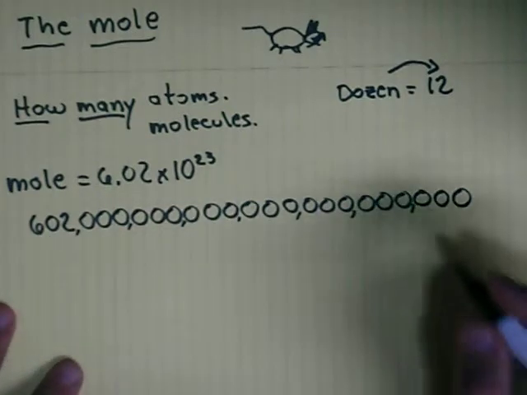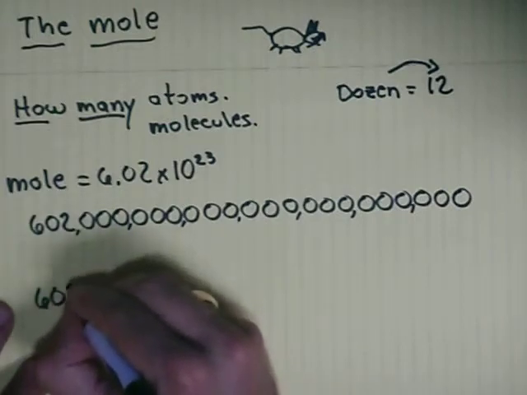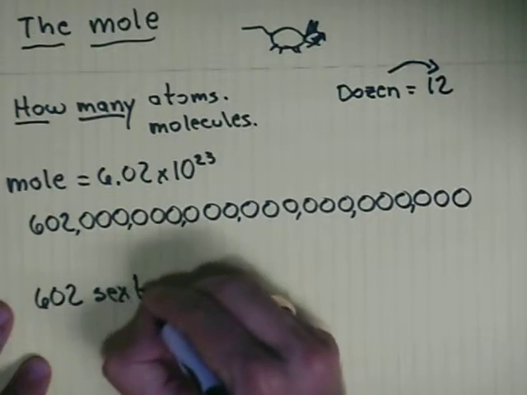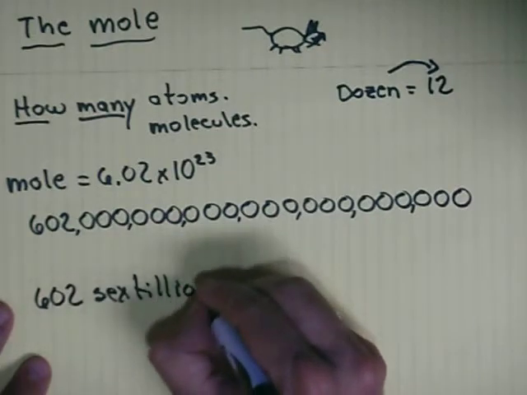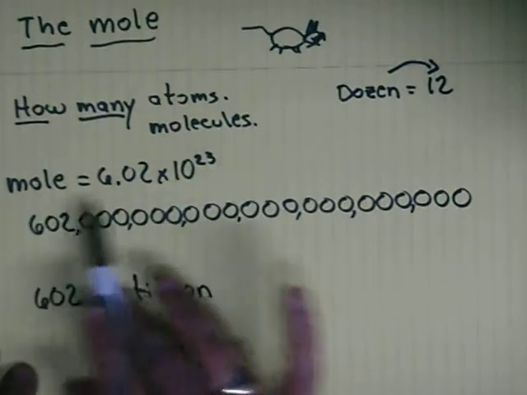So 602 sextillion atoms or molecules in one mole of something.